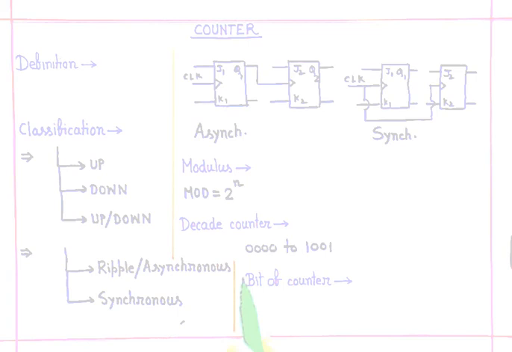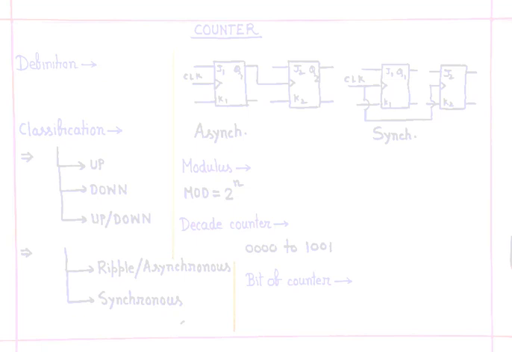The decimal equivalent of 0000 is 0, and you know that the decimal equivalent of 1001 is 10. That means decade counter counts from 0000 to 1001. That means 0 to 10.